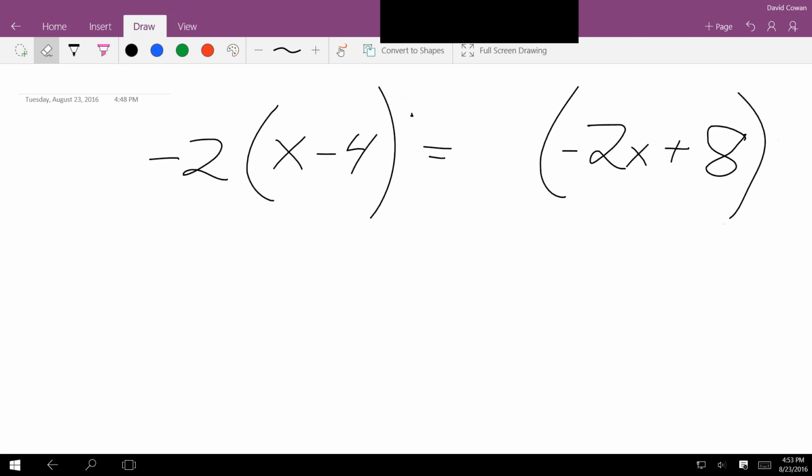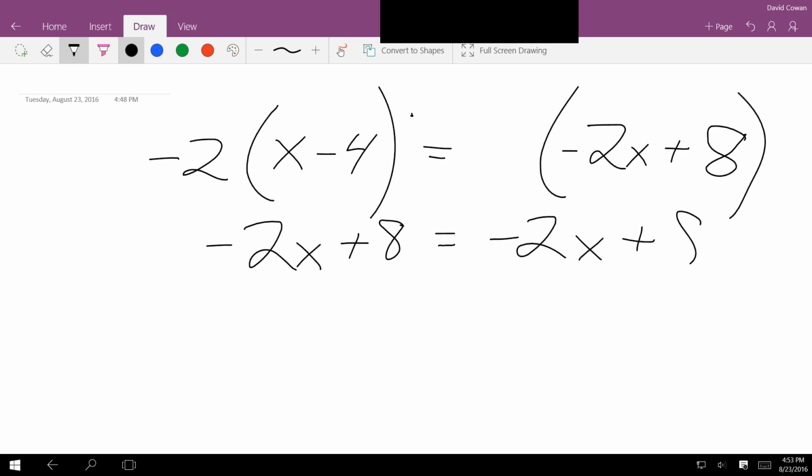Negative 2x plus 8 equals negative 2x plus 8. This is infinite solutions, by the way. Correct. In other words, it's true for all x. No matter what x is, this statement is true.